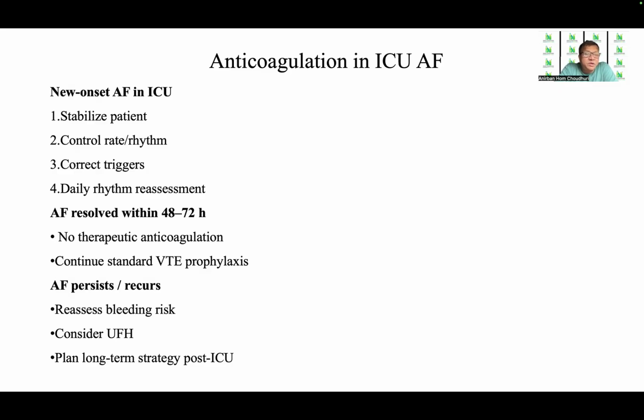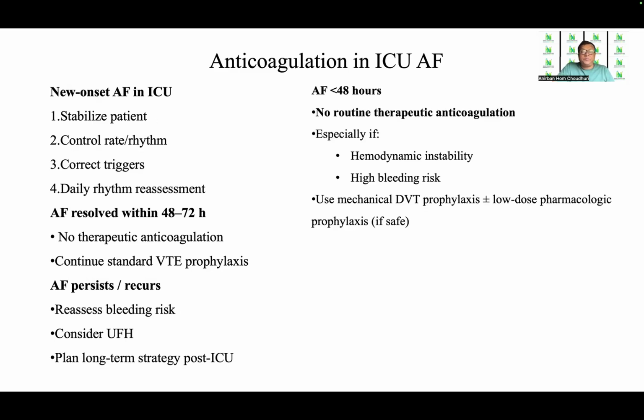If the atrial fibrillation is resolved within 48 to 72 hours, there is no requirement of therapeutic anticoagulation, and we can continue the standard VTE prophylaxis. If the AF persists or recurs, then we have to reassess the bleeding risk, consider heparin, that is unfractionated heparin, and plan long-term strategy post ICU.